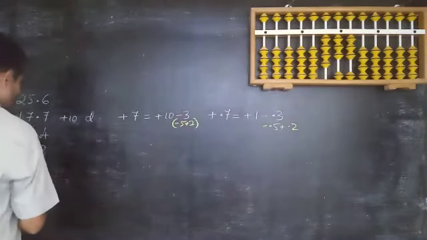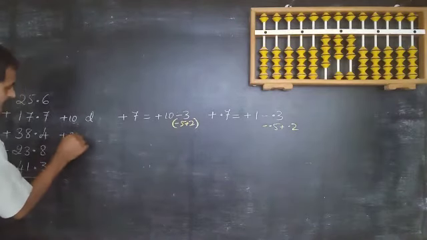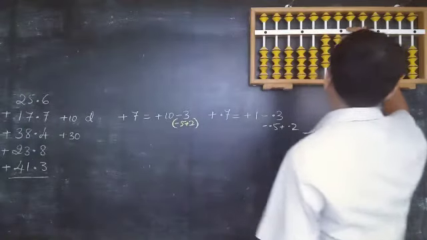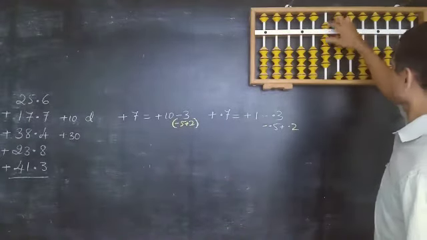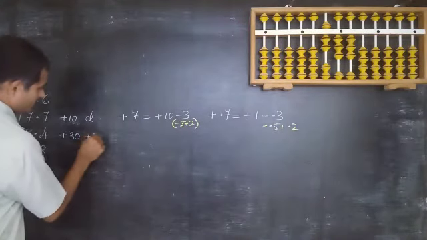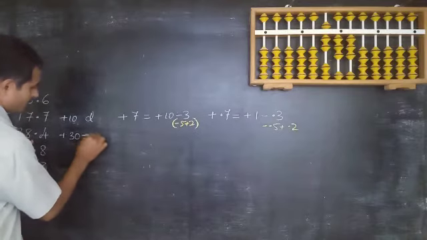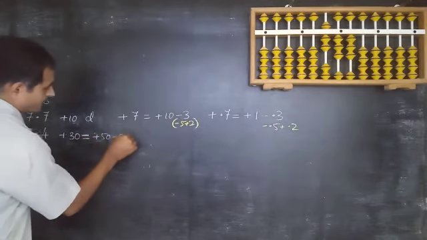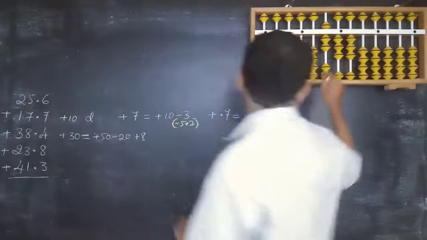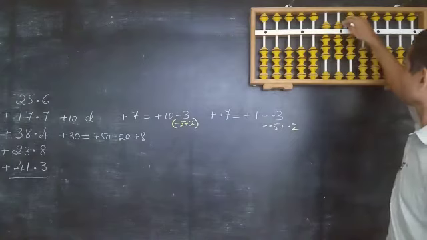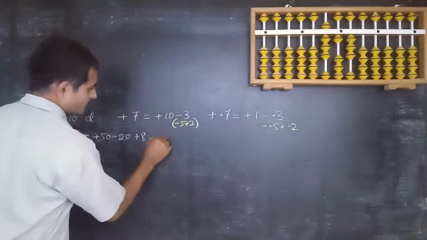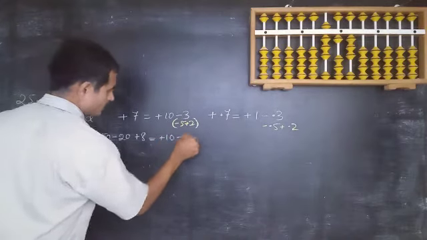Plus 38.4, plus 30 is equal to plus 50 minus 20, plus 8 is equal to plus 10 minus 2.